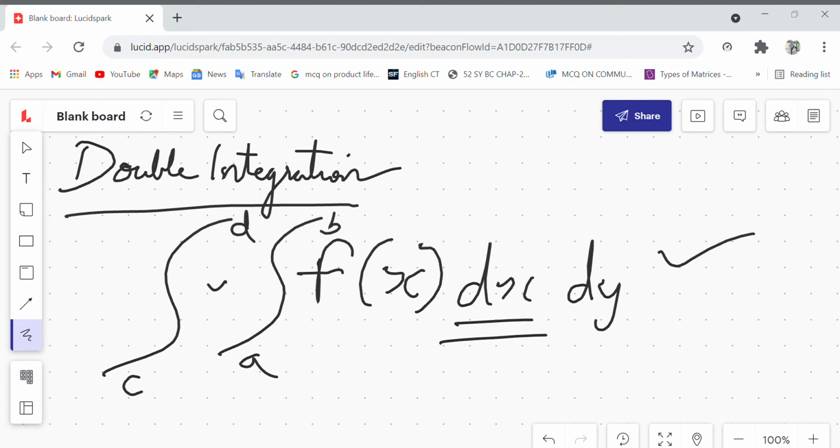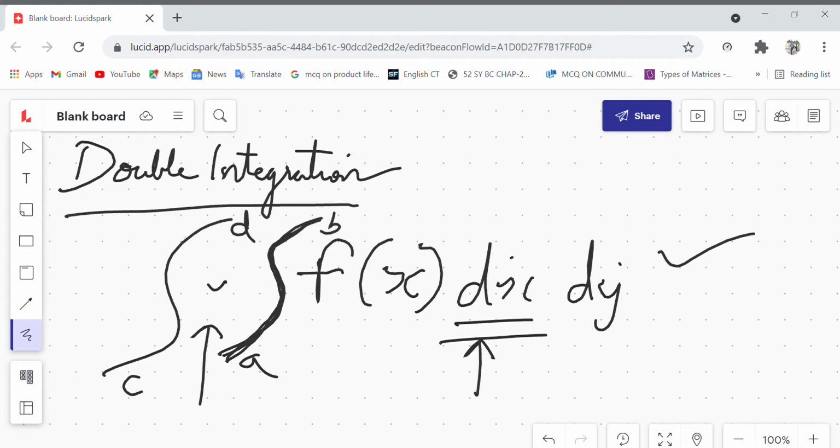Means you have to arrange, dx might remain here or might remain here depending on the right hand side limit. Hear me clearly. Depending on the right hand side limit, we have to choose whether dx will remain here or dy will remain here, and it will be a constant limit.